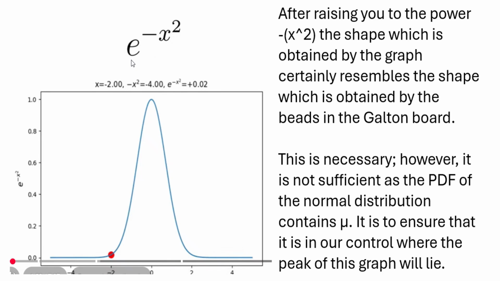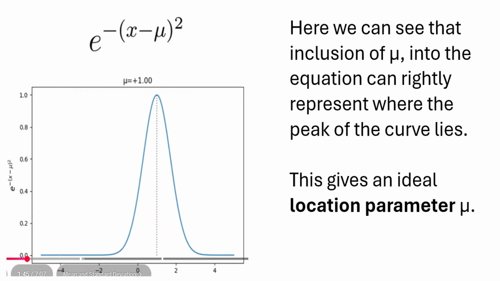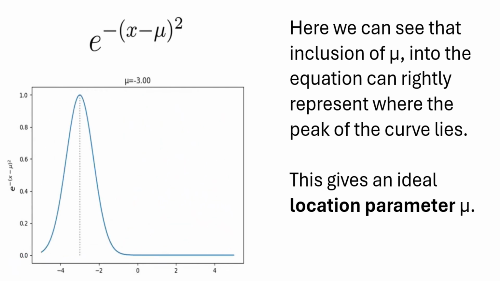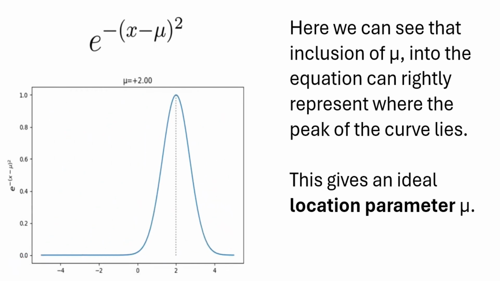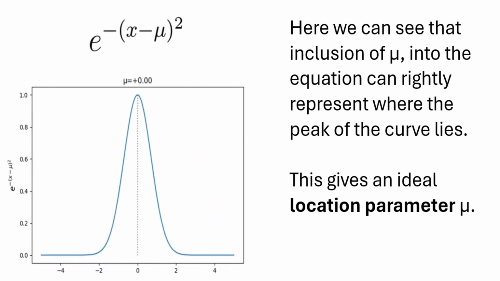So here mu represents the mean, and it can be seen via this animation once again that by including mu here we can determine the location of the curve graphically. As the value of mu changes, so does the location of this curve, and thus this gives an ideal location parameter, mu.